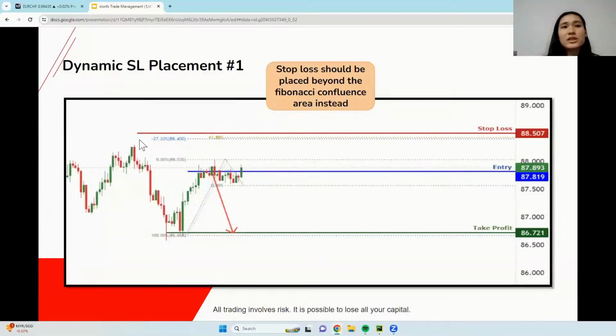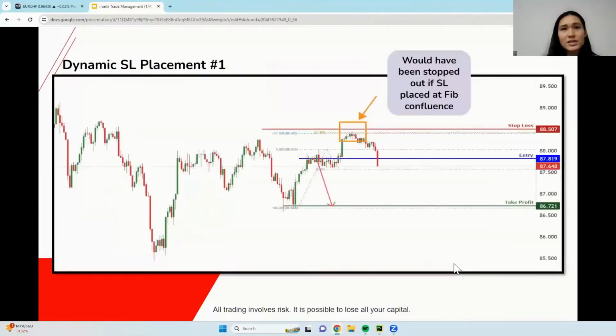As we mentioned earlier, our stop loss was placed below, but of course, instead it should be placed beyond the major Fibonacci confluence area. We will show you why in our next slide. You can see if we had placed our stop loss exactly at this Fibonacci confluence area, we would have been stopped out.